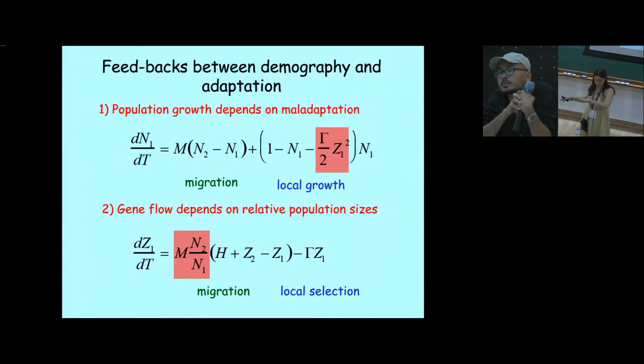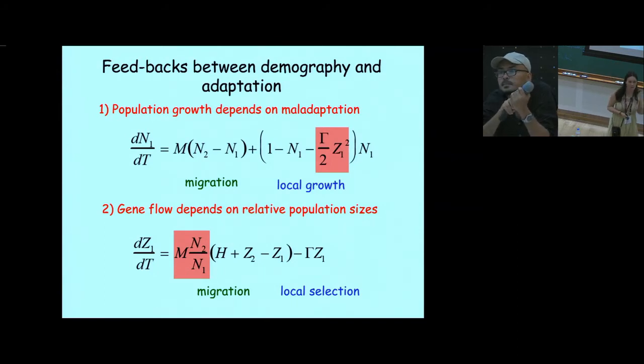And this has very different consequences on the evolution of local adaptation, and there are people that more recently have worked on that. But we do not assume that in this model. If the migration rate here would depend on Z, you would have different dynamics, probably.